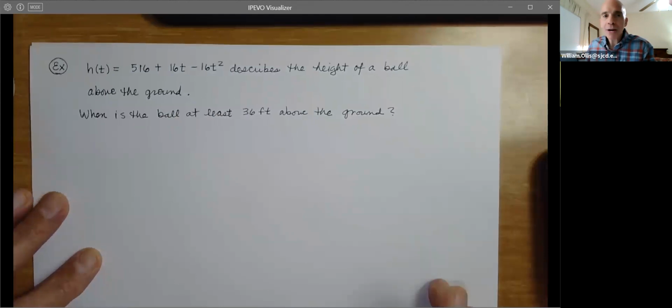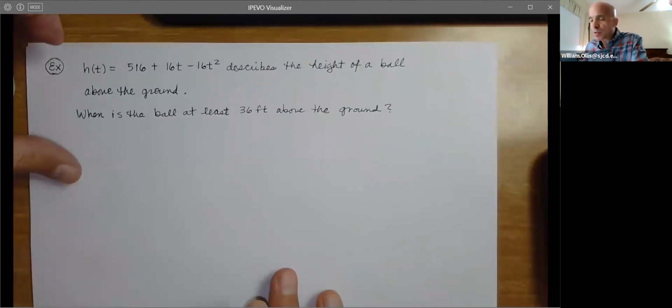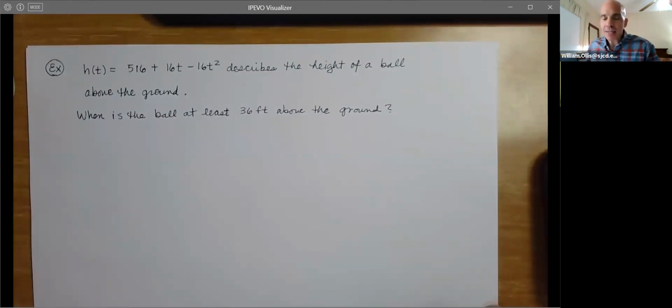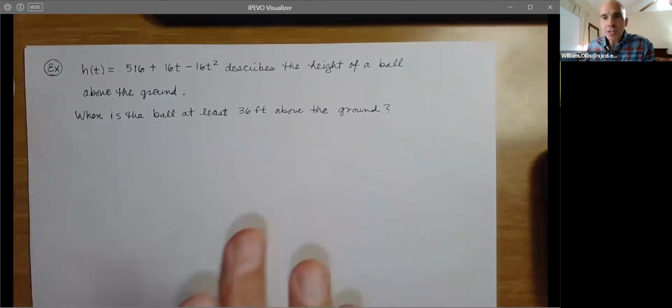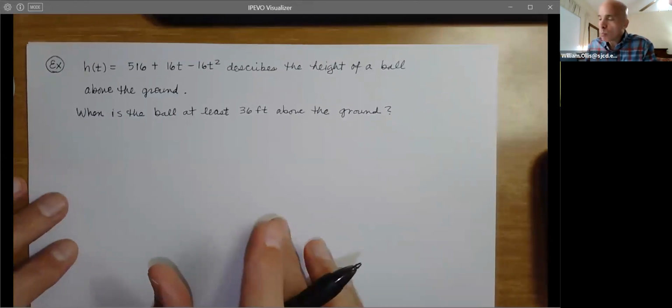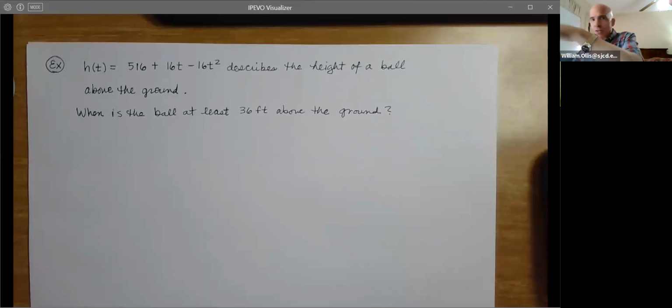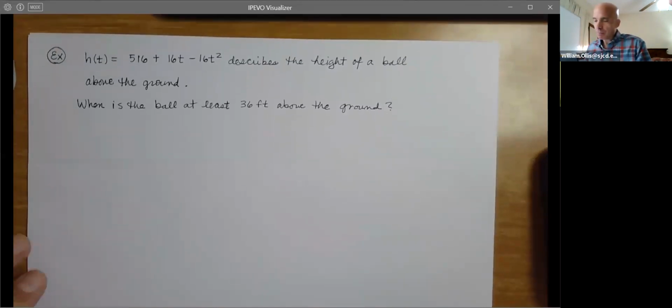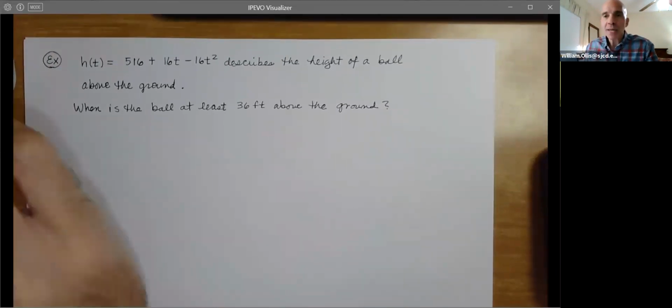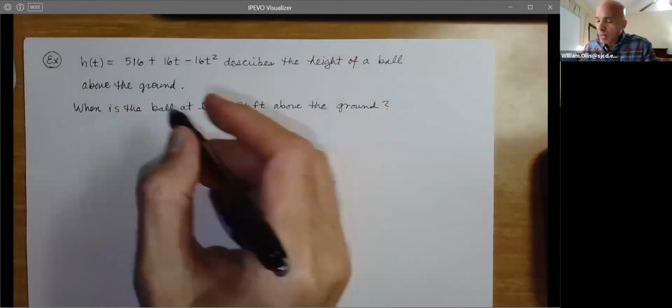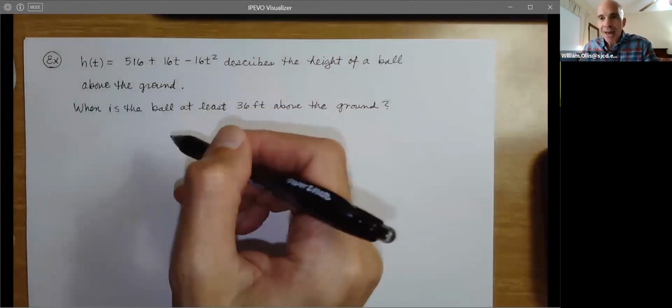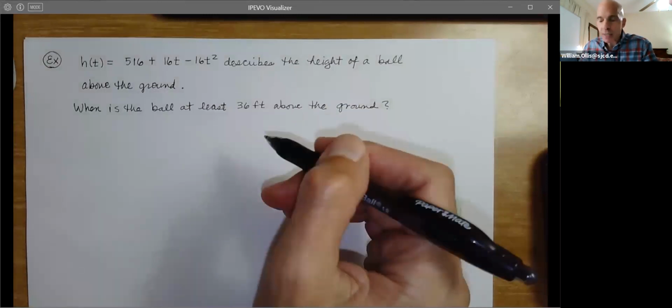Now, when we look at a question like this, it's really good practice, because just like doing the word problems, we want to be able to make sure that we describe the mathematics as the words have directed us to do.